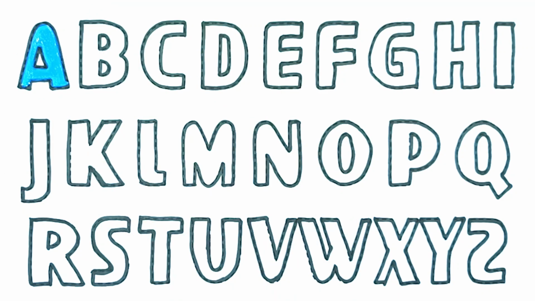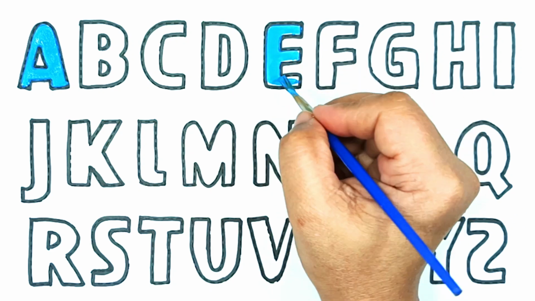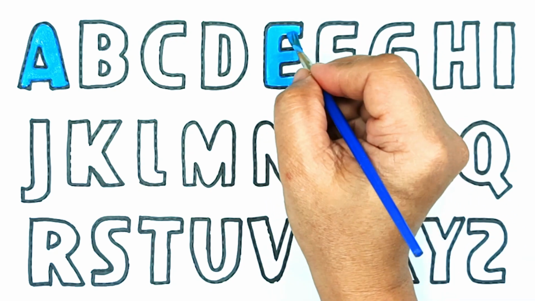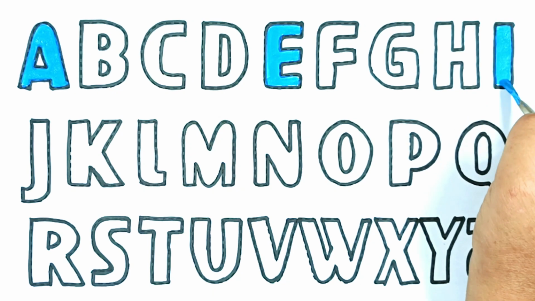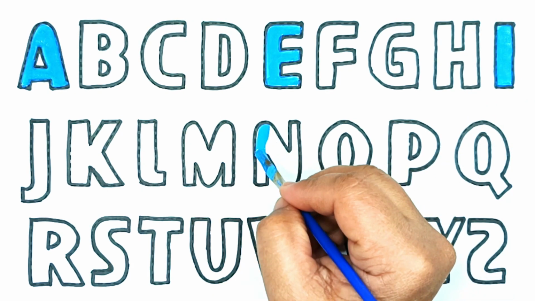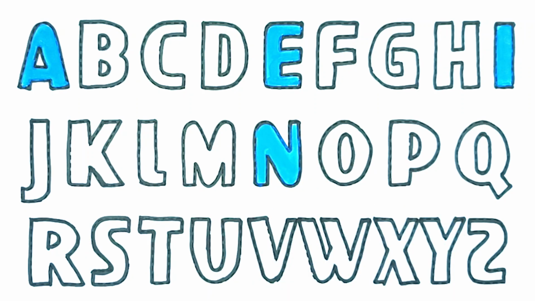A for apple. E for egg. I for igloo. N for net.